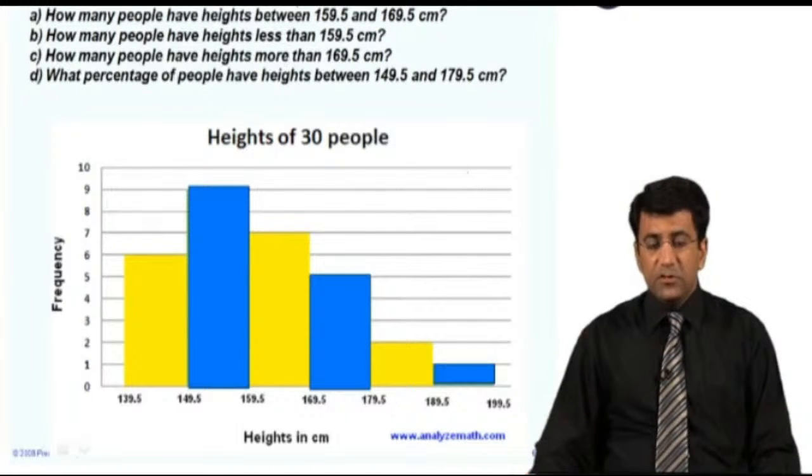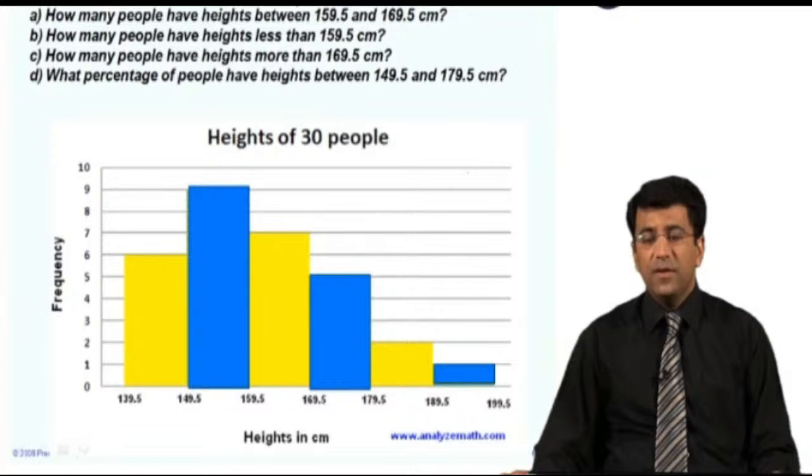Then if you are interested to find out how many people have the heights less than 159.5 centimeter, again this is the limit of 159.5 centimeter, and there are 9 people plus 6 people, that is 15 people who have the height less than 159.5 centimeter.